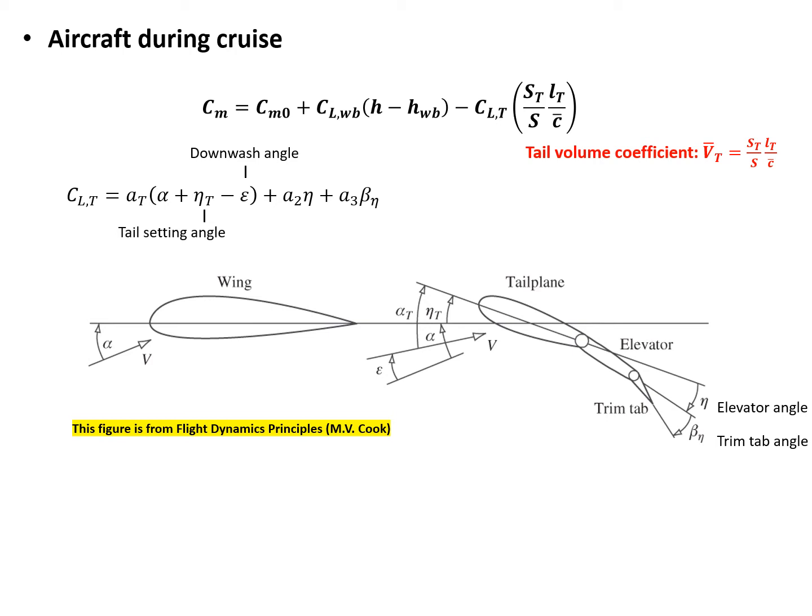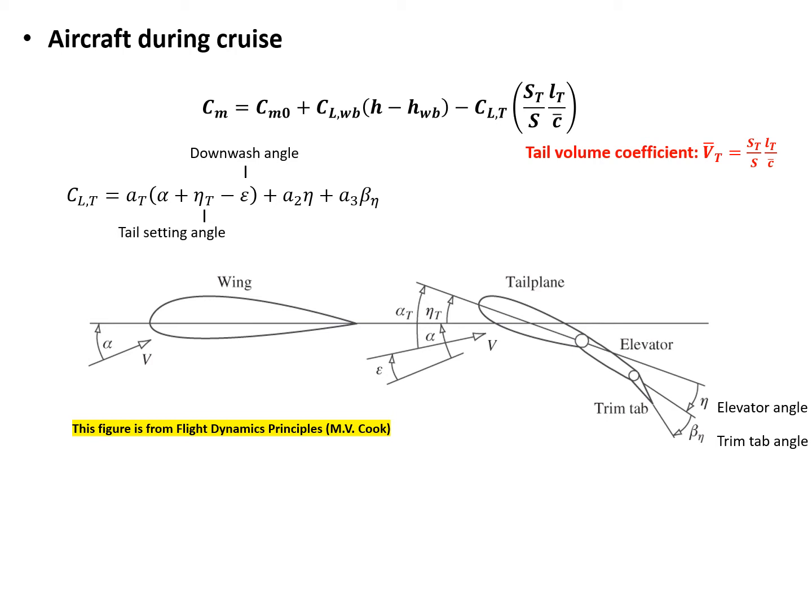Alpha is the angle of attack of the wing, eta t is the setting angle of the tail plane, and epsilon is the downwash angle. We've seen the downwash angle before and analyzed it through a similar plot. So alpha plus eta t minus epsilon is the effective angle of attack at the tail plane. The second part is A2 times eta.